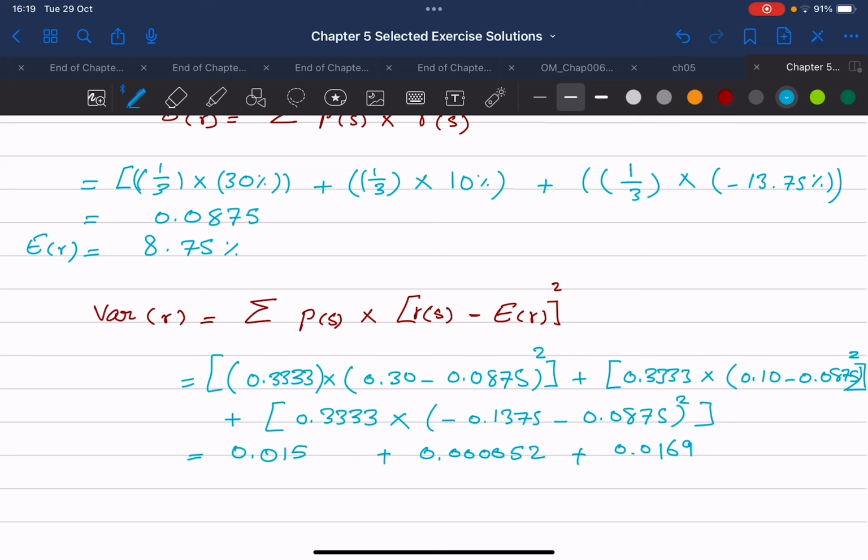Okay. Now I'll add these three together. 0.000052 plus 0.015 plus my answer. Okay. And this is what I got. 0.0319. Okay.